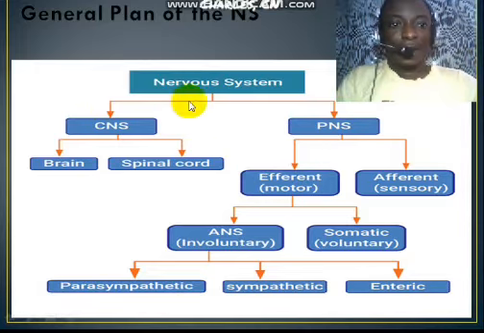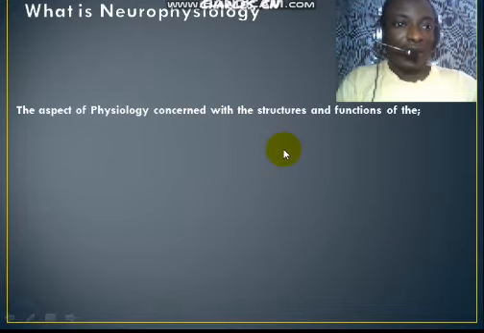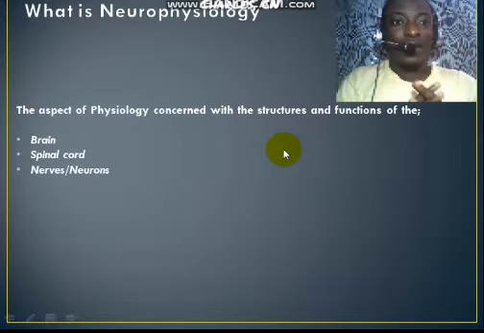What is neurophysiology? The aspect of physiology that is concerned with the structures and functions of the brain, the spinal cord, and nerves or the neuron is known as neurophysiology.